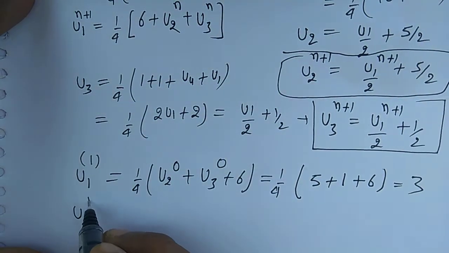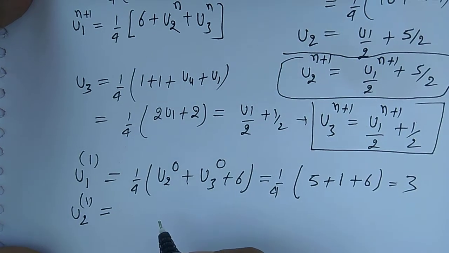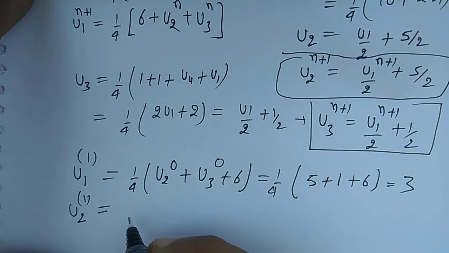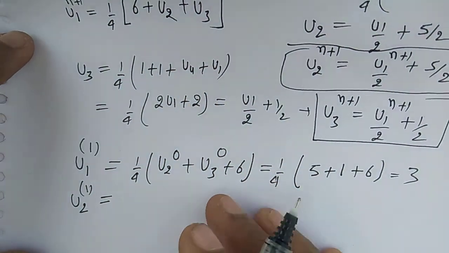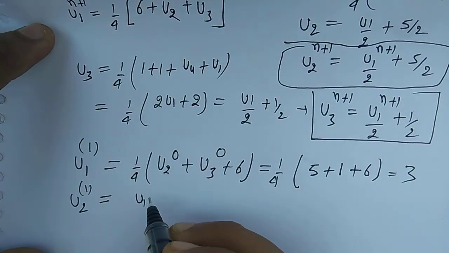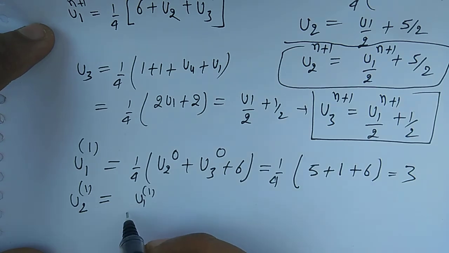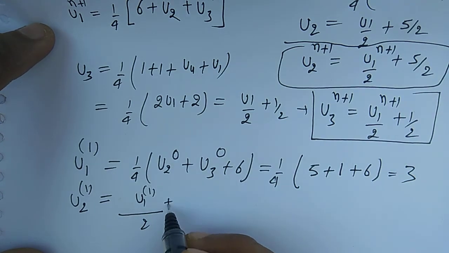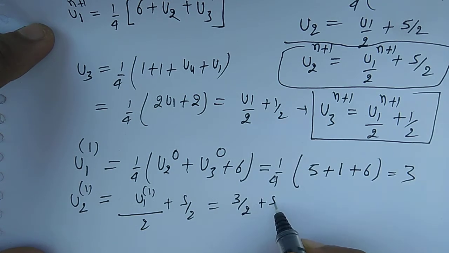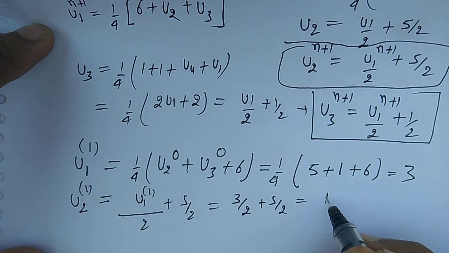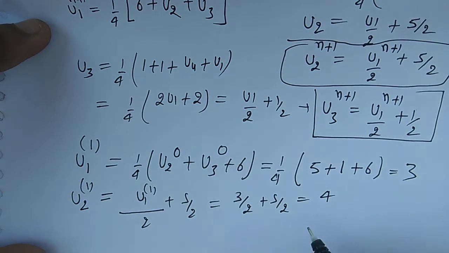Fine. And now u2 1. So the value of u2 for the first iteration, we get u1 by 2 plus 5 by 2. So already just now we got this u1 value, so 3 by 2 plus 5 by 2 equal to 4.